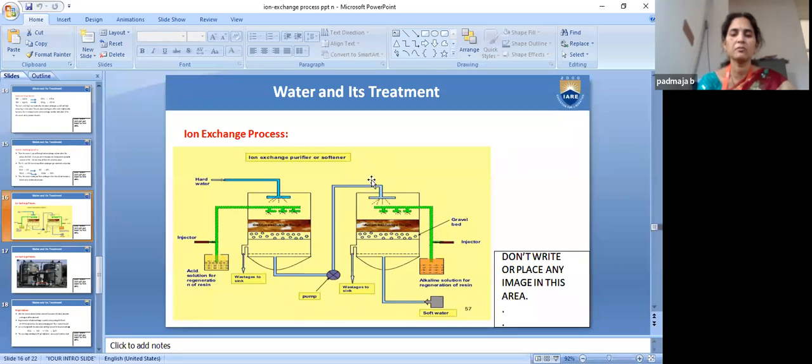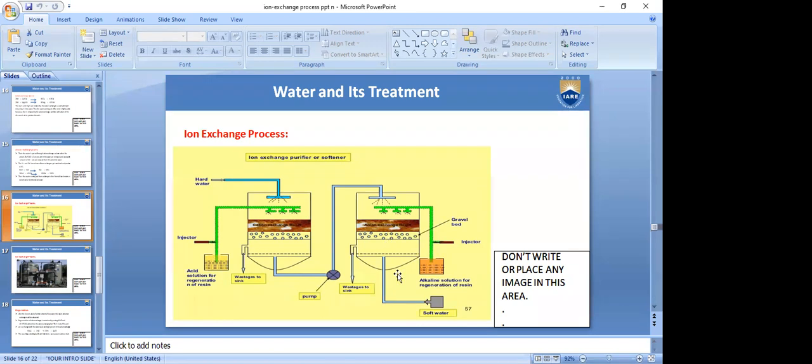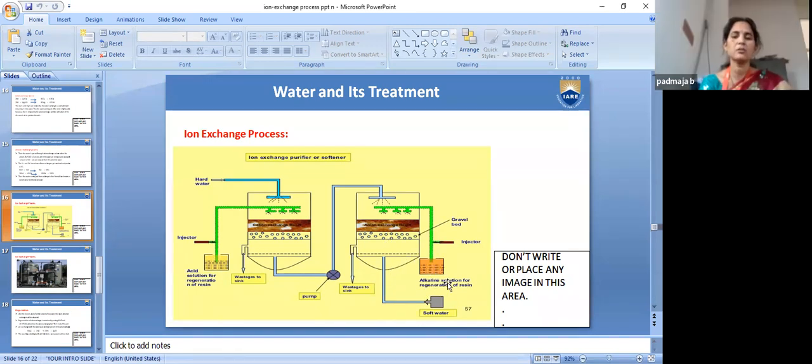The first inlet is connected to the pipe through which the water passes from the first chamber. The other inlet, on the right side, is connected to a container with an alkaline solution, sodium hydroxide solution, for regeneration of the anion exchange resin.